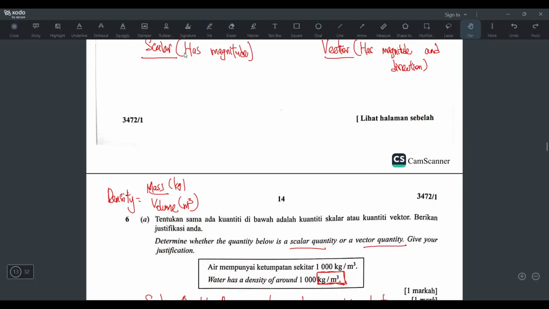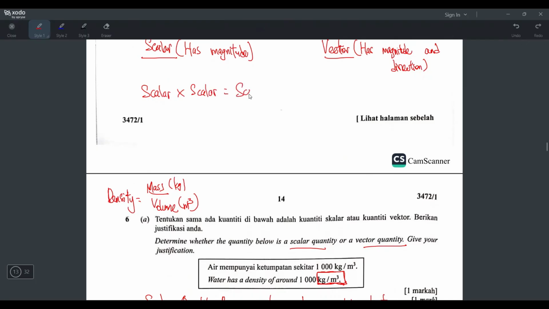So you need to know this. When you take a scalar quantity multiplied with a scalar quantity, you'll end up getting scalar. And when you take a scalar quantity divided by a scalar, you end up getting scalar also.